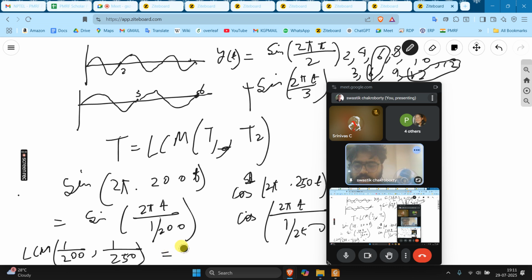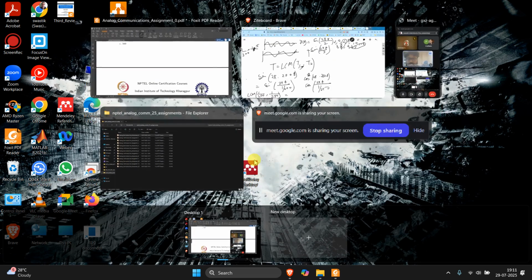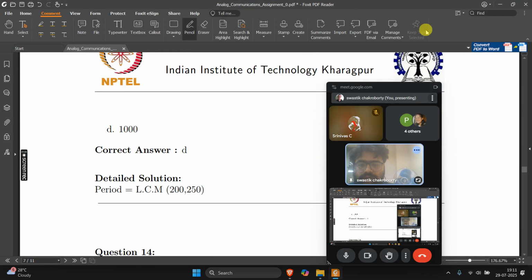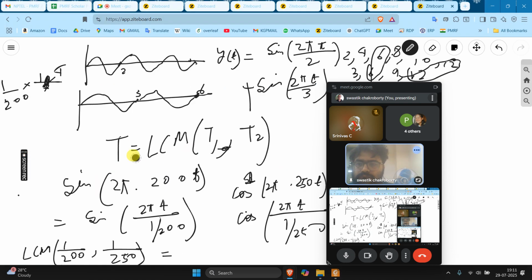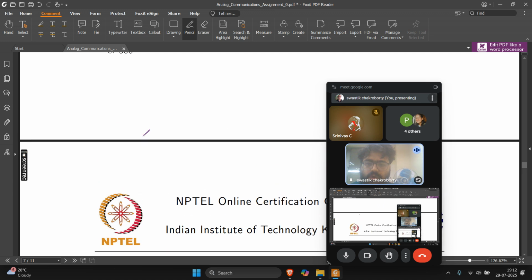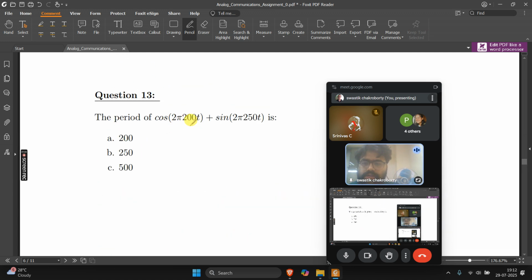So here, 1 by 200, how many times will you multiply? They have given it as this, which is slightly wrong, because 200 is not the period. 200 is the frequency f, because cos 2 pi ft, sin 2 pi ft.